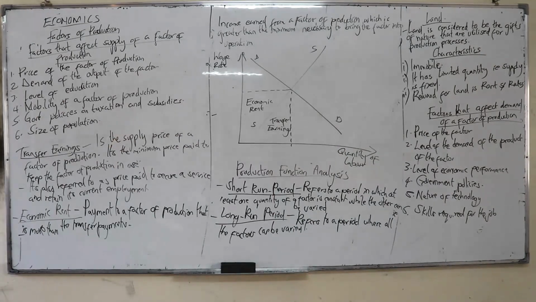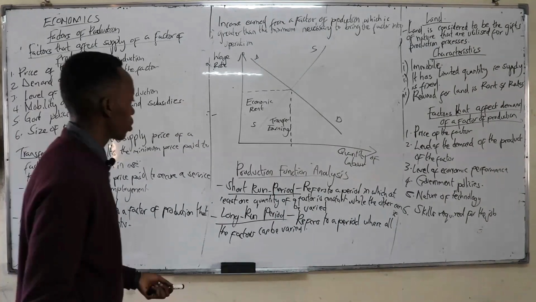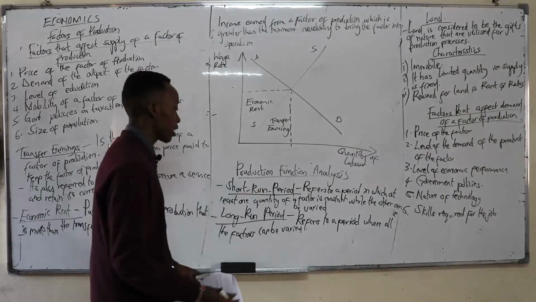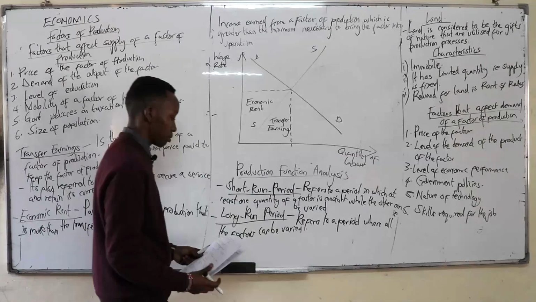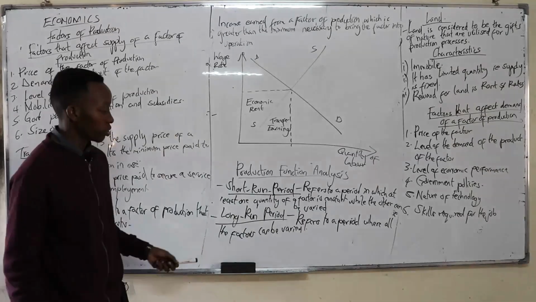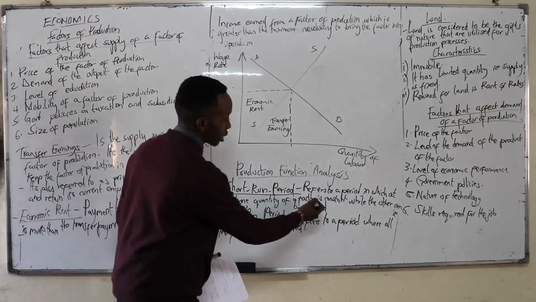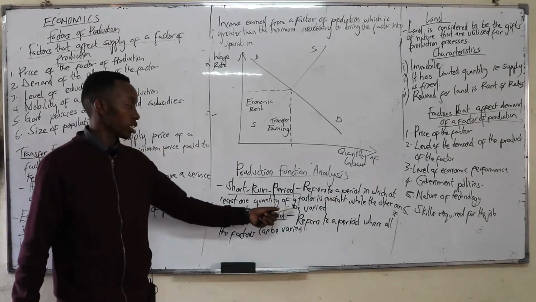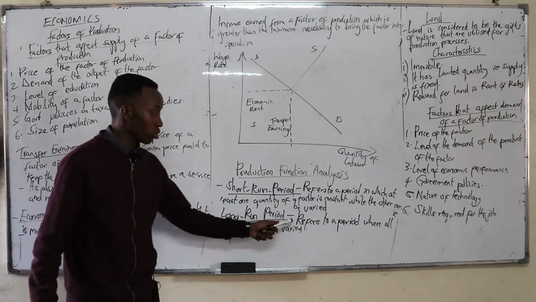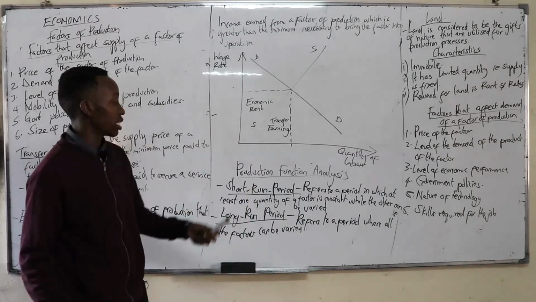For example, raw materials and labor can be varied in the short run. But something such as land is considered to be constant in the short run, while for the long run, you can also buy more land.